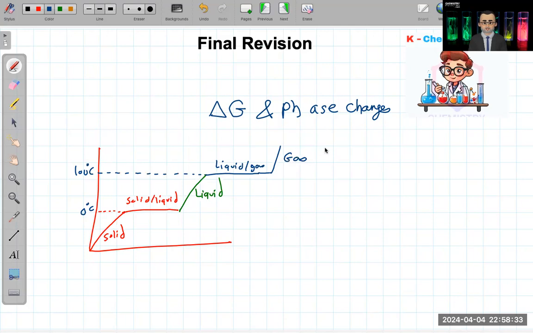So what is the relation between this and delta G? At delta G equal to 0, at a certain temperature, there will be equilibrium. So nothing is favored. What does it mean nothing is favored? If I have water at 100 degrees centigrade or anything more than 100, what is favored?